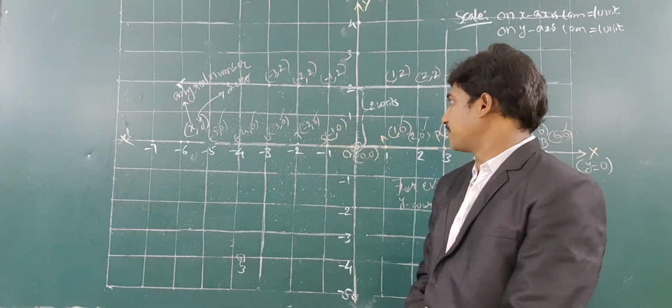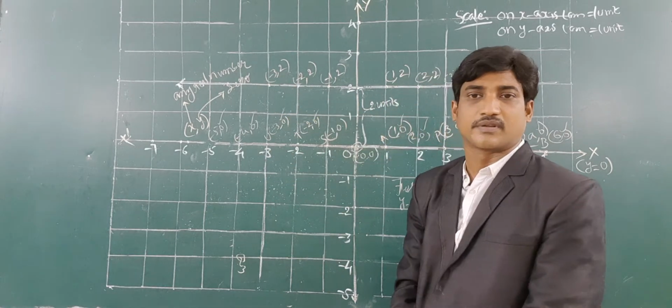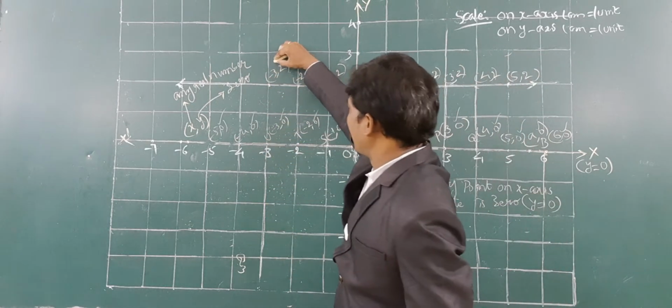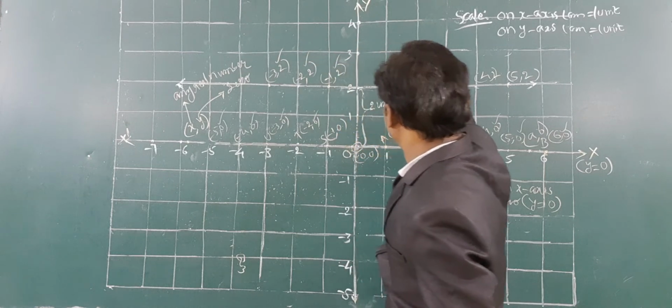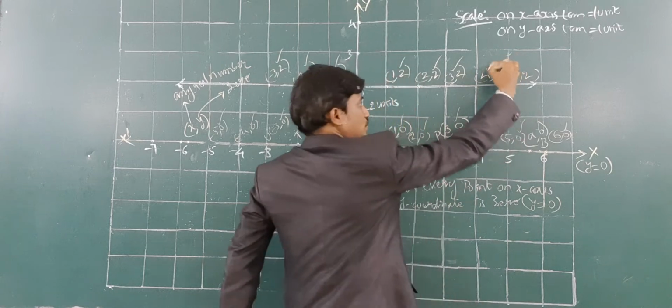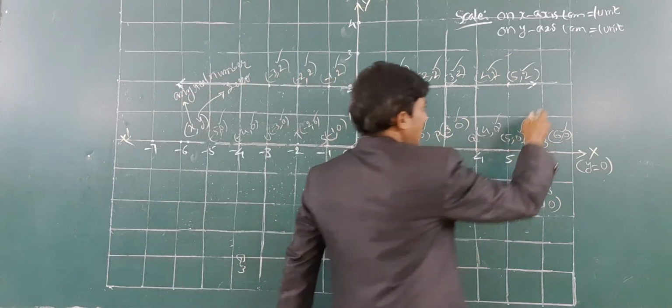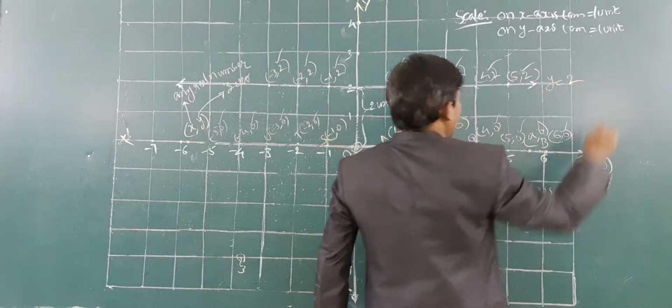If we observe the nature of the points on this line, the y-coordinate is a constant. The y-coordinate is 2 for every point, so for this line the y-coordinate is 2.